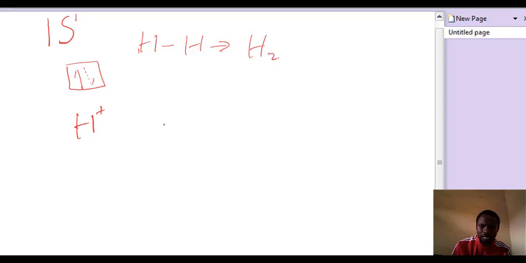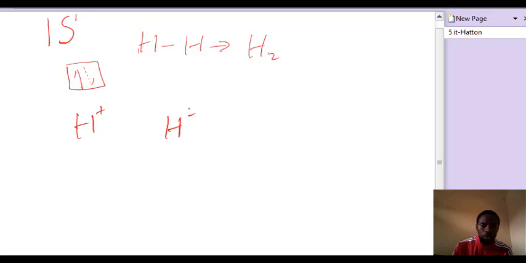Then in hydrides we have H-, meaning hydrogen has gained one electron. That gives hydrogen a unique property: it could belong to group 1, which always loses electrons to become +1, and also to group 7, which gains one electron to become -1.